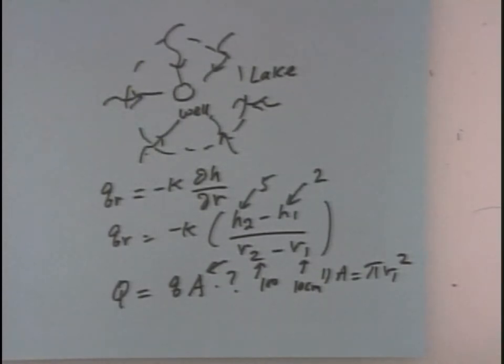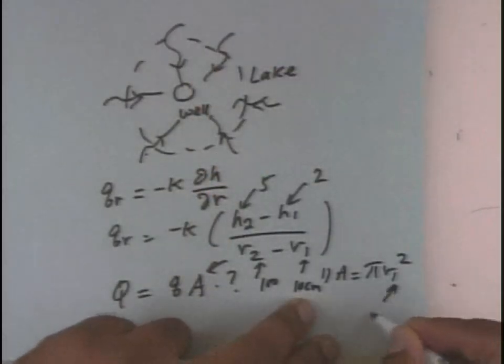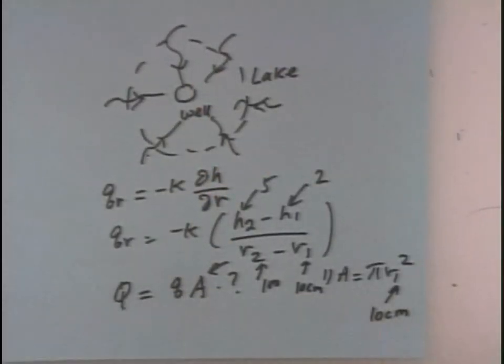Is pi r squared correct or wrong? No, R1 is the smaller. He said R1 is equal to 10 centimeters. Quick, we don't have much time. Correct, right or wrong? Wrong. Why? What's the right answer?